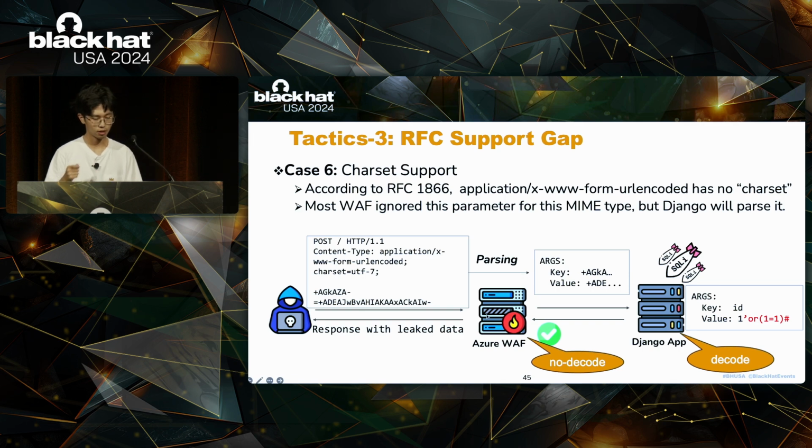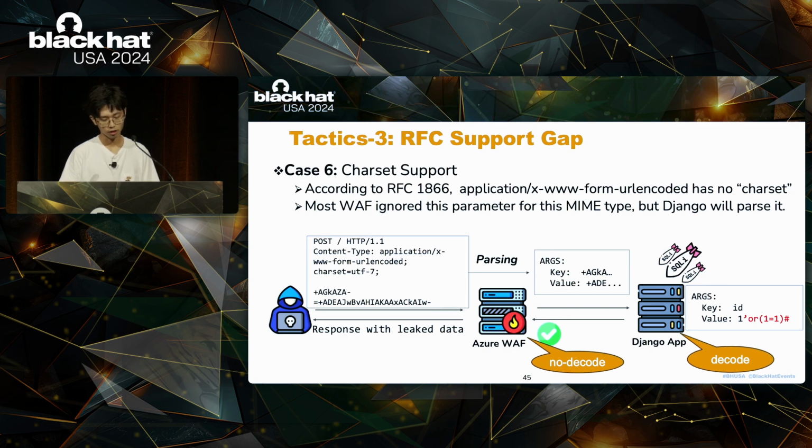In the case 6, we found that the Django app supports charset parameters even when the content type is URL encoded. And in most WAF parsers on these MIME types, the charset parameters will be ignored since no document or standards had recommended.